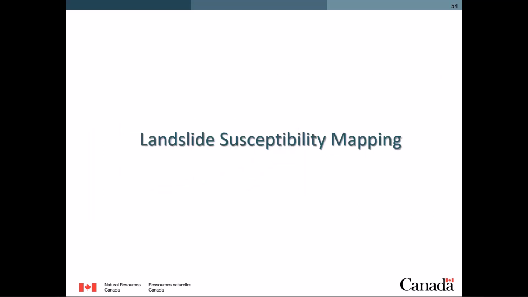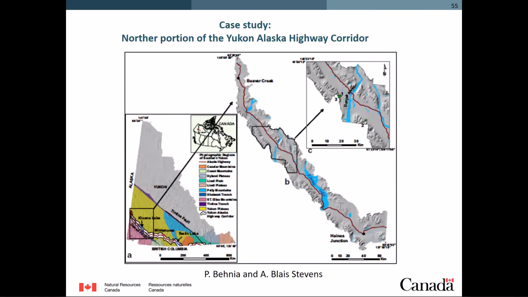My last example is some landslide susceptibility mapping. This was put together by my colleague Corinne Bienia and Andrea Blaise Stevens, who still works at the GSC. We're looking at the Cordillera, right? So this is the main area, and then this sub-area here is where we've actually done the prediction.